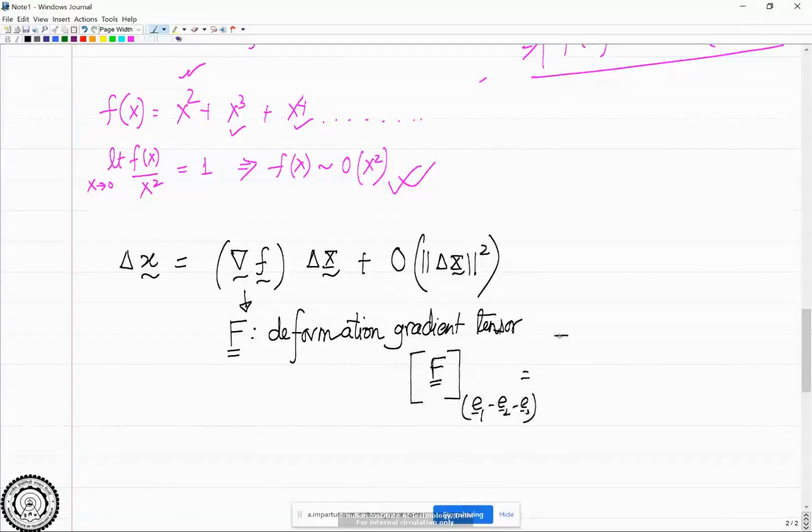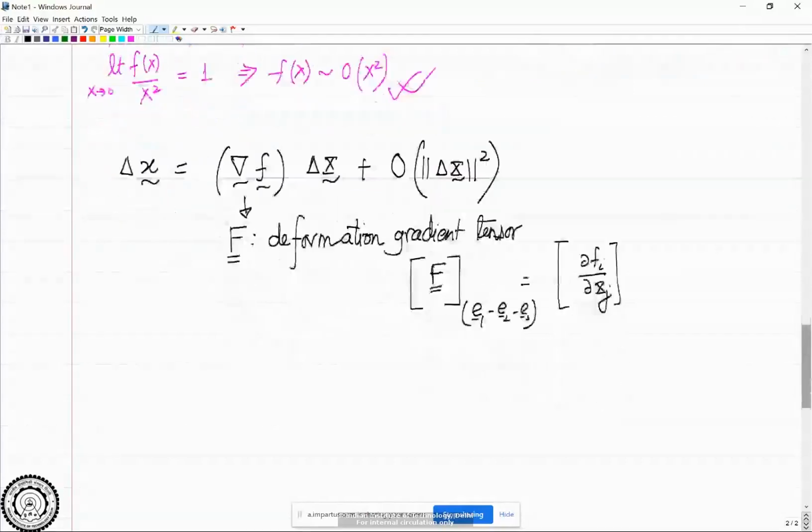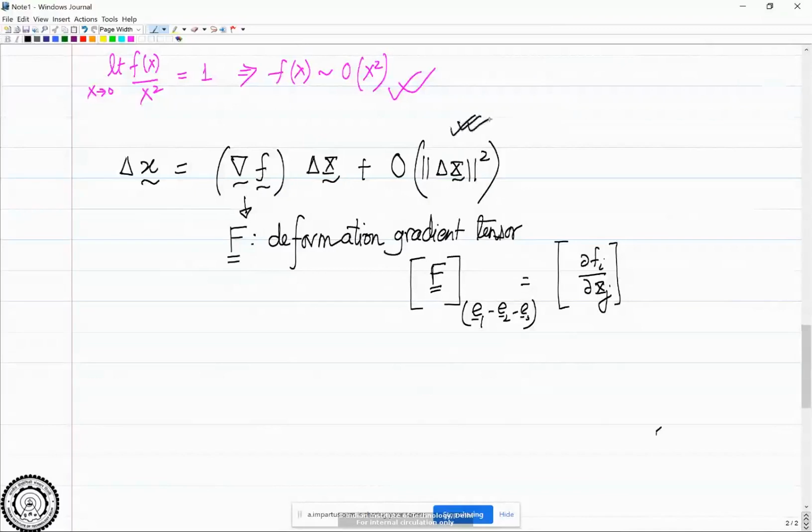Its representation is a matrix whose components are del f_i over del X_j. And as I decrease the length of delta capital X, the length of the material line element, this big O term is going to get smaller and smaller compared to the first term.